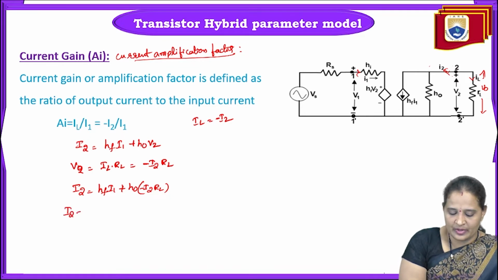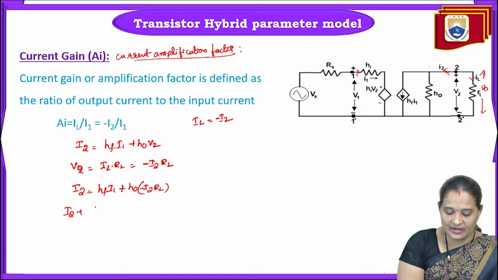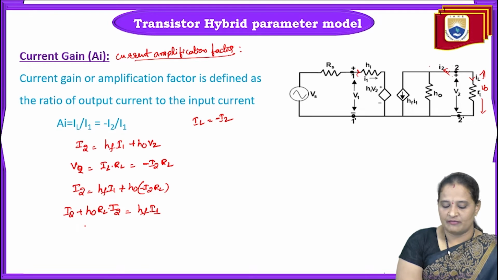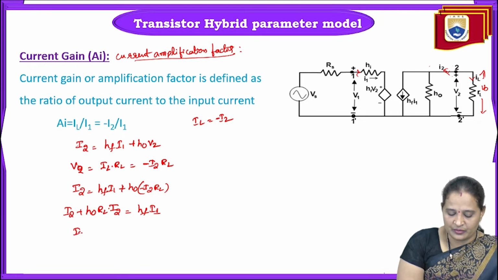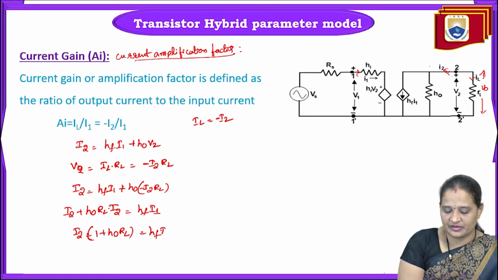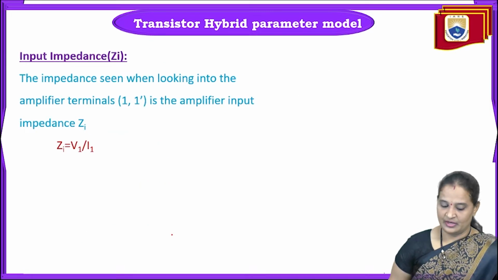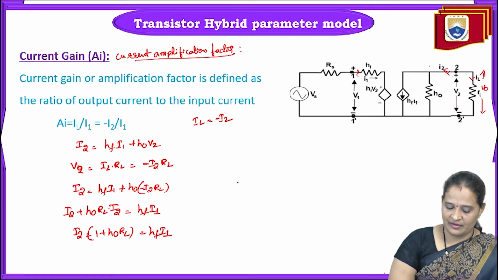I2, if it is minus, when it comes this side, then it becomes plus HO into RL into I2 is equal to HF into I1. Okay. So now I2 into 1 plus HO into RL is equal to HF into I1, right?